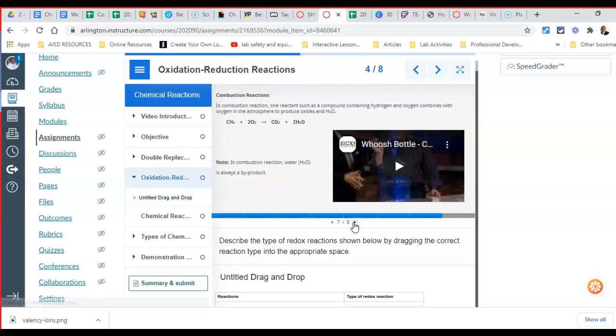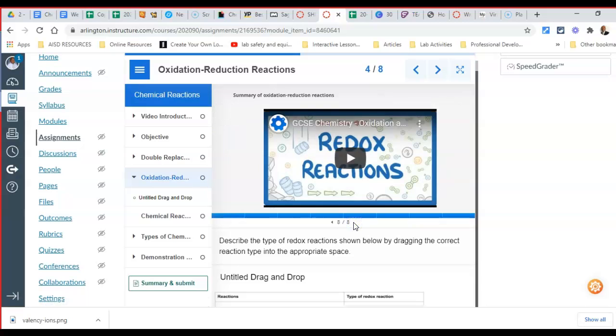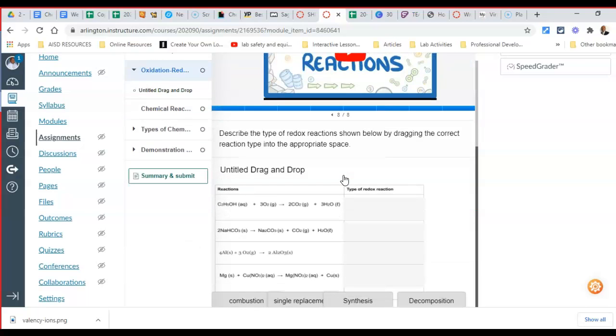And then at the end of this, you have a video that explains or summarizes all the 4 types of redox reaction. Now here also you have your practice activity. You'll see if you can identify these 4 reactions as either synthesis, decomposition, combustion, or single replacement.